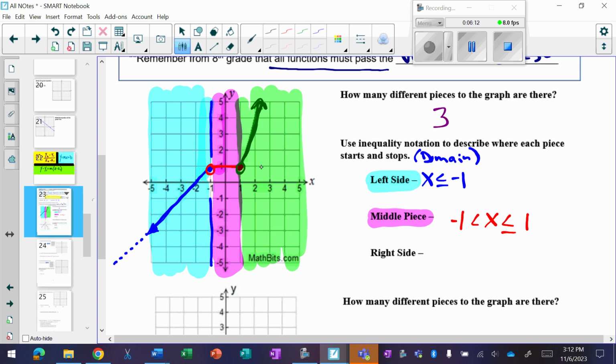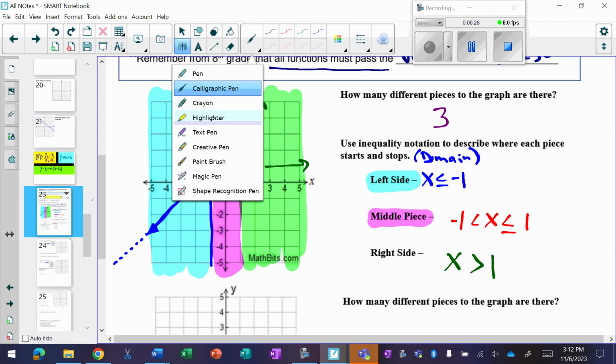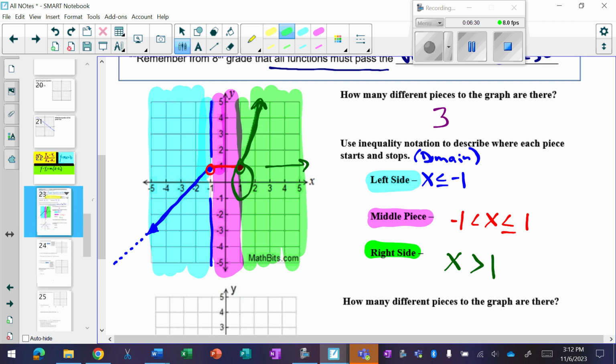As I go sideways to the right, it'll go forever. So these x values are all x's from 1 and to the right, x's that are greater than 1. I do not make it equal because I already made it equal in the middle section. So it is equal to +1 there, not equal to +1 here. That way I don't have any issues with my vertical line test. It is still a function.